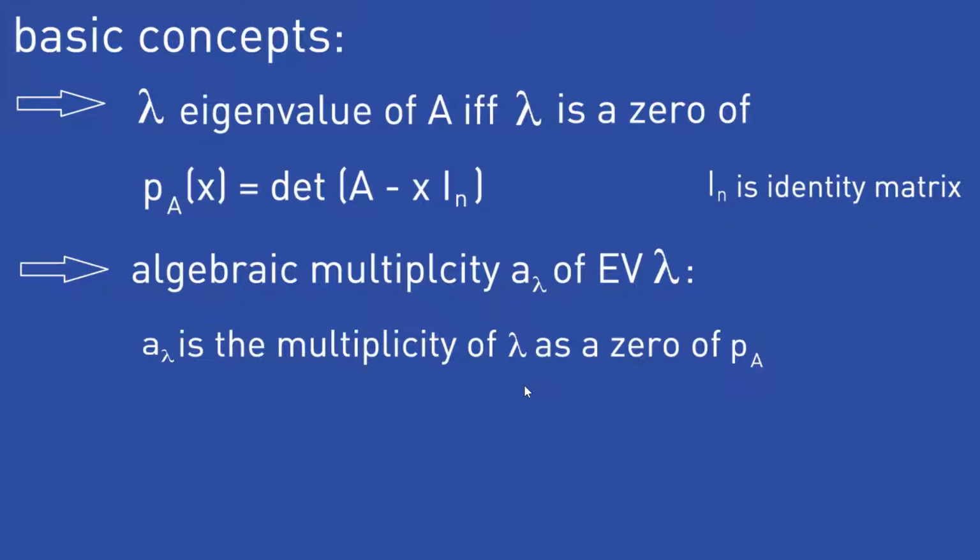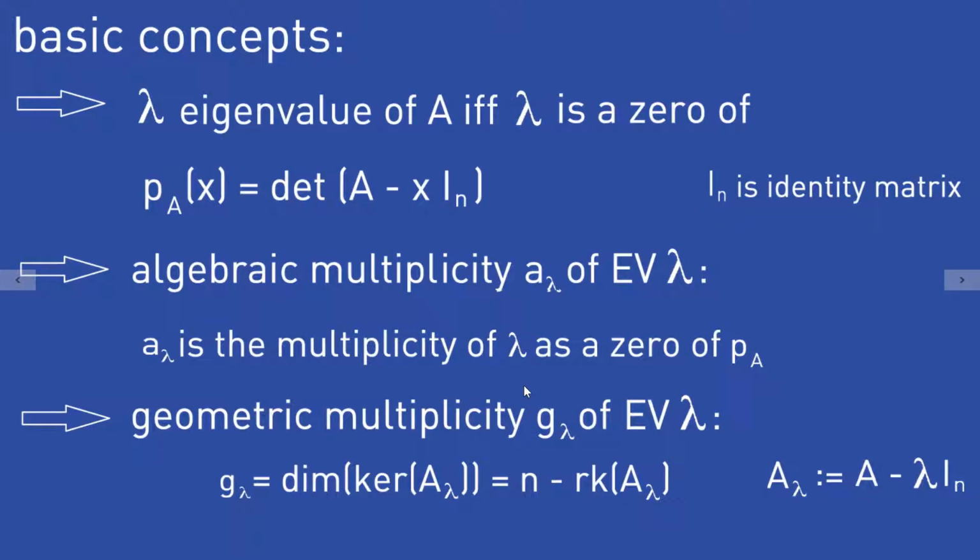The second number we need is the geometric multiplicity g_lambda of an eigenvalue lambda. It is defined as follows. g_lambda is equal to the dimension of the kernel of A_lambda, which is equal to n minus the rank of A_lambda, where A_lambda is the following matrix: A minus lambda times I_n, and I_n is the n times n identity matrix.